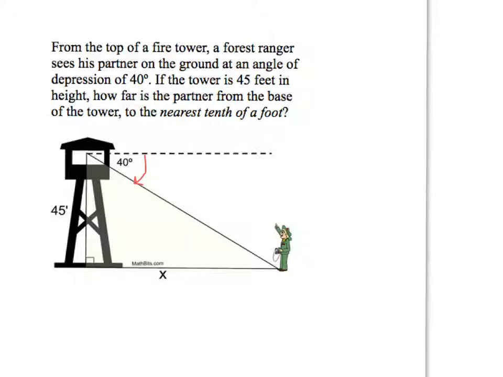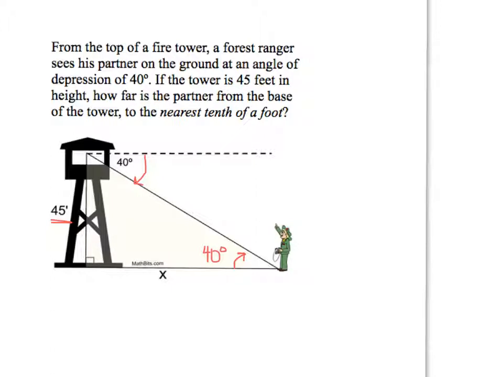Well, what I know about parallel lines is it means that this angle down here also needs to be 40 degrees. Okay, so 40 degrees is my angle of depression. The tower is 45 feet in height, which they labeled right here for us. And we want to know how far apart the partner is.